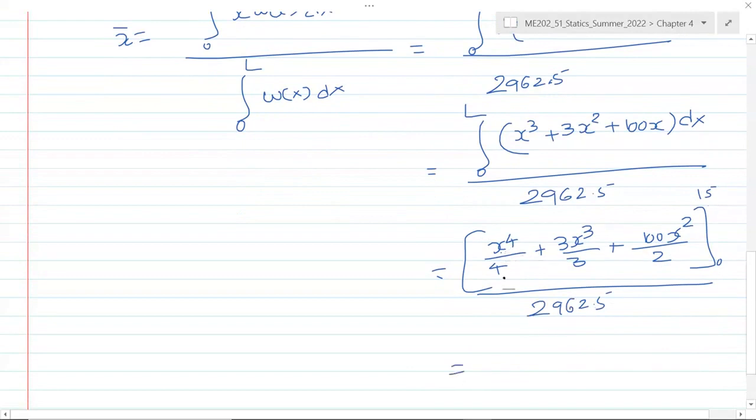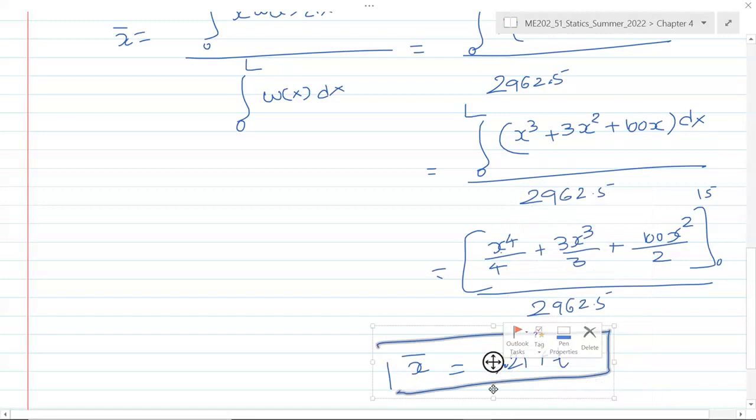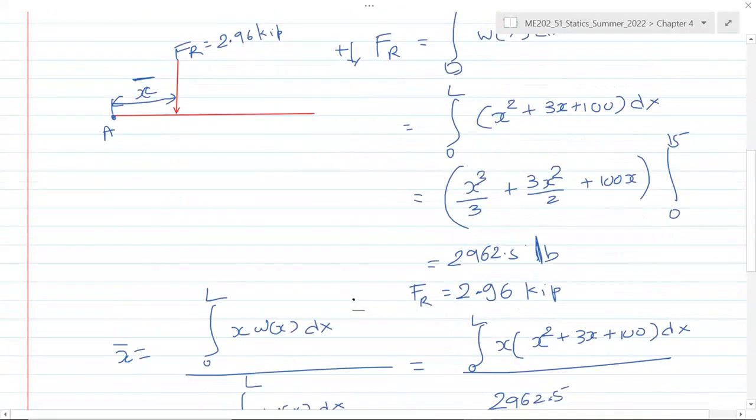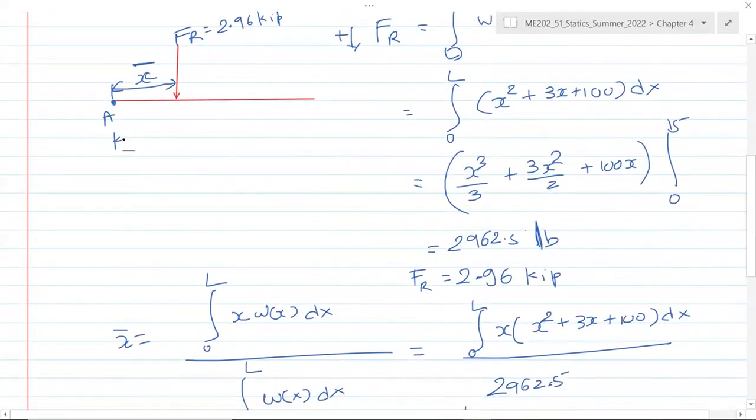It's 15 to the power 4 by 4 plus 15 cubed plus 50 multiplied by 15 squared. And then the whole thing divided by this number gives us 9.21 feet. Remember this is the distance measured from A. So the final answer is that this distance is 9.21 feet.